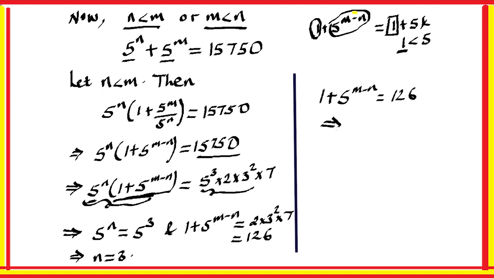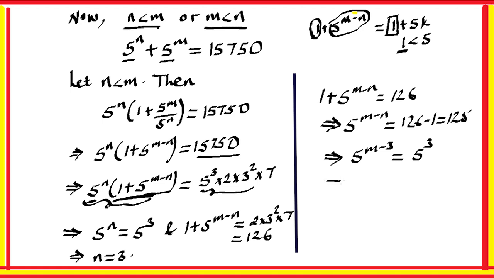Subtract 1 from both sides, it will give us 5 raised to m minus n is equal to 125. n is 3, so 5 raised to m minus 3 is equal to 5 cubed. From this equality, the multiplicity of 5 on both sides should be equal. m minus 3 is equal to 3. Therefore, m is equal to 6.